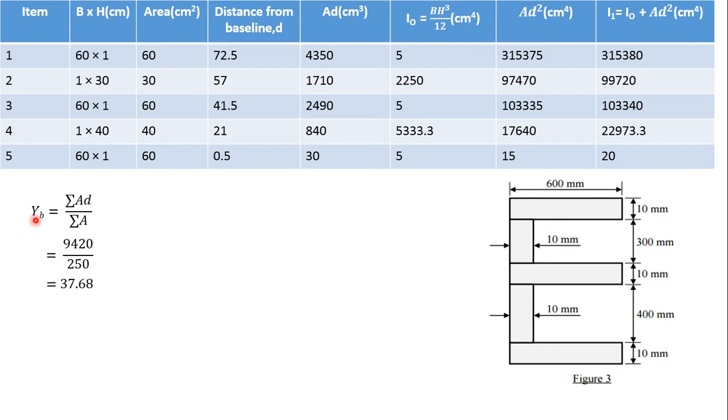By finding YB, you have to take the summation of AD over the summation of A, which is 9420 after you add up, divided by 250 after you add up. You will get an answer of 37.68 cm.